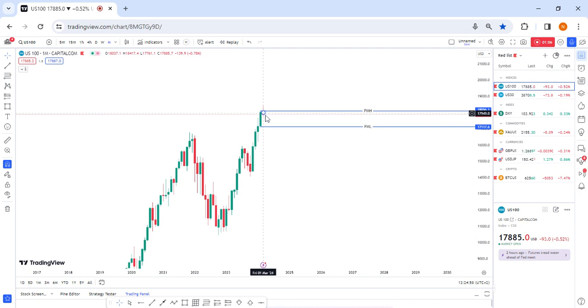So pretty much seeing bearish action come into play when it comes to US100 in the long term. But for now, to really get a good picture of what's been happening, we must go down to the weekly.